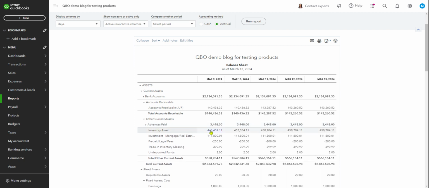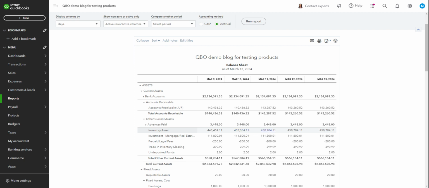I know this is kind of confusing. So basically I started out with this, and then I added the inventory. This is on accrual basis. As I said, you have to run the accrual basis, because the cash basis will always distort your report for the inventory asset account. Basically, you added the inventory, and then you sold it.